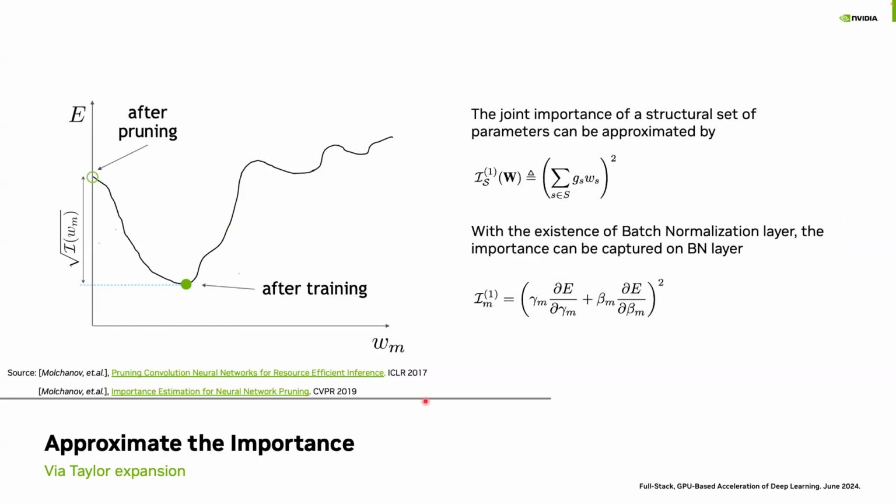But that's the importance for a single parameter. And when it comes to channel pruning, or we say neuron pruning, it's basically a group of parameters.